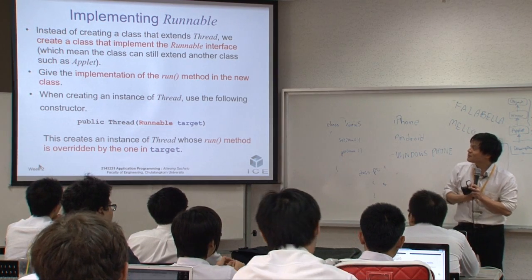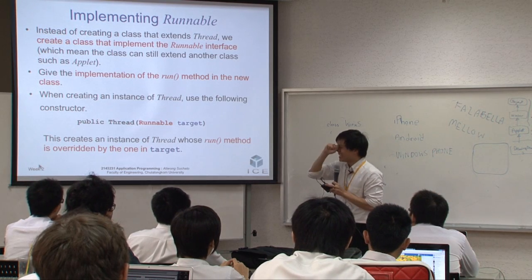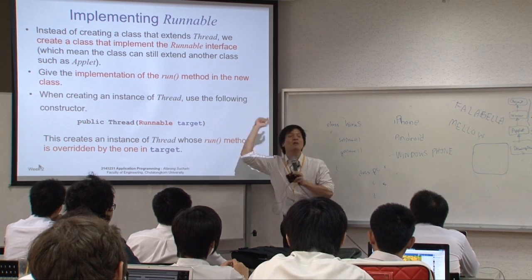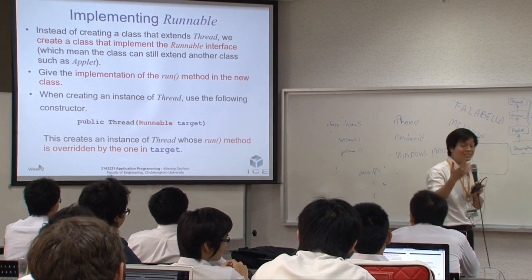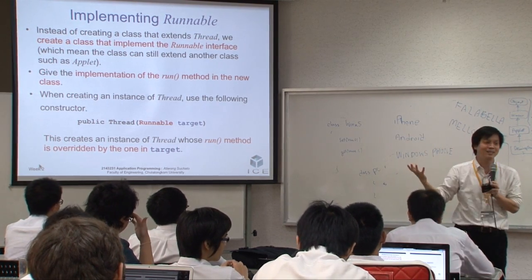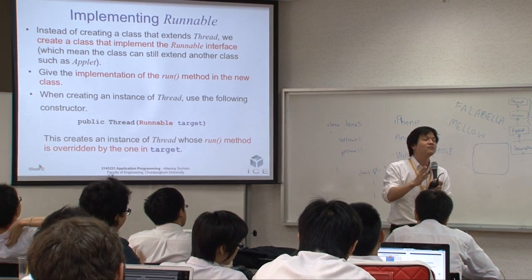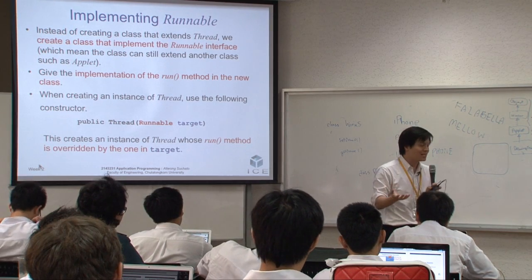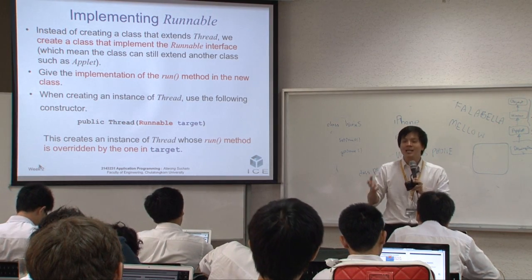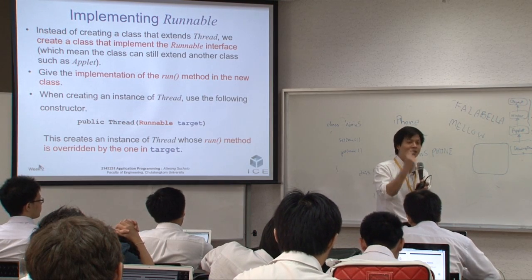Okay, I'm lost. Where should I go back to? Okay. Runnable interface is a set of Java method headers. When we talk about interface, we need to know how many methods are expected to be implemented if a class decides to implement the interface.